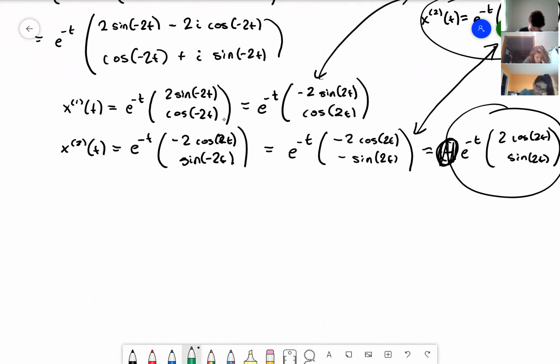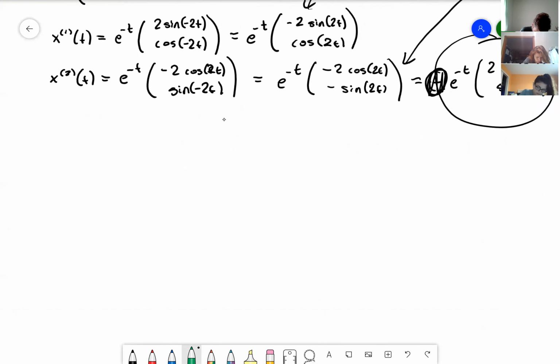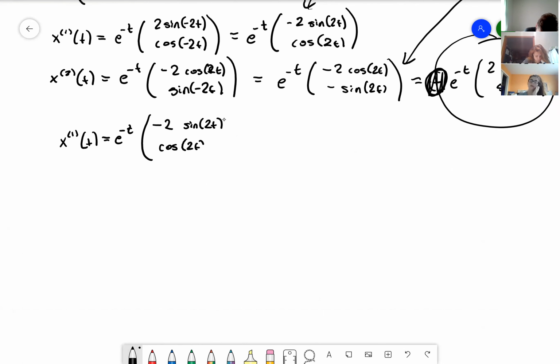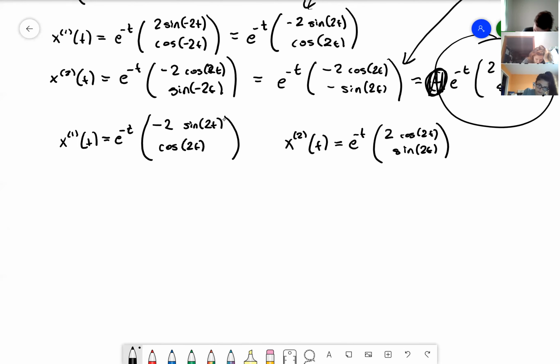Now, let me rewrite these things so that I can scroll all this off the screen. I'm going to take it one step further. And x2 of t is equal to e to the minus t, 2 cosine 2t, sine of 2t.